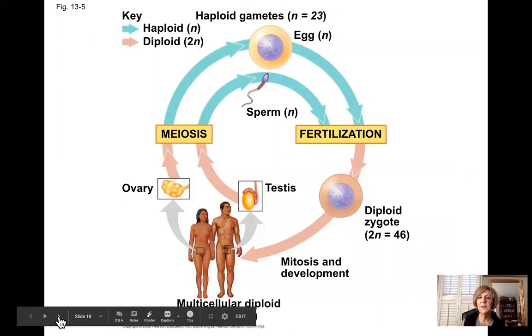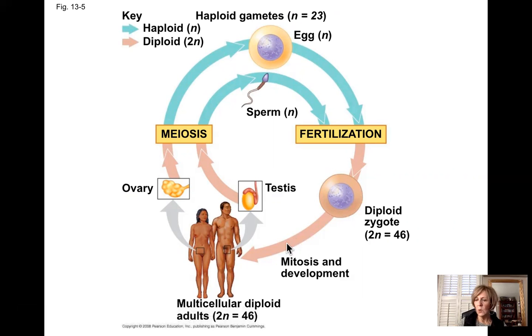So in humans, let's always start at fertilization. That's where I think is a good place to start, because we all know that fertilized zygote is going to be 2N. In order to get to the adult forms, all that's going to happen is mitosis, all right? We already have our 2N cell here, and in human form, in the adult form, we just have a whole bunch of 2N cells.